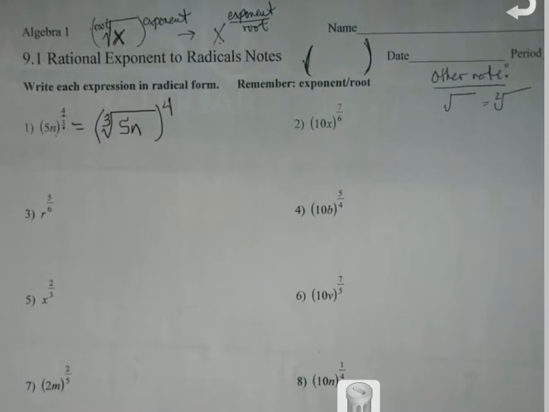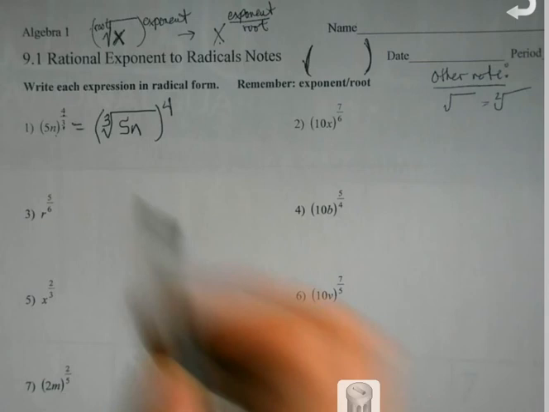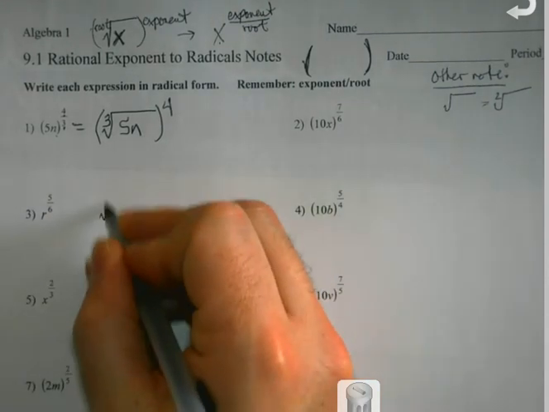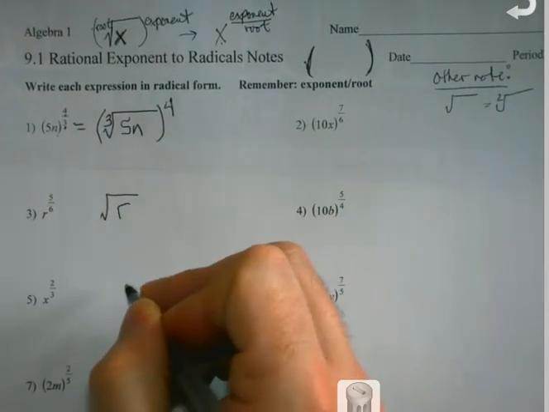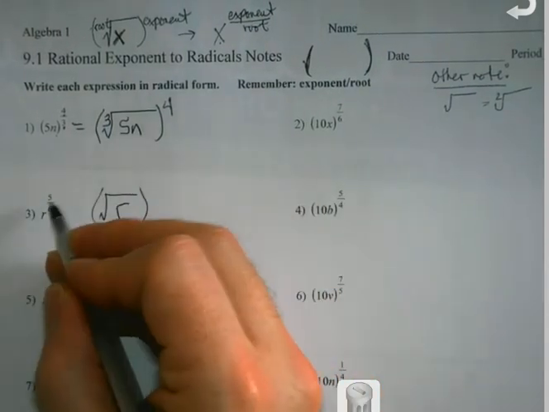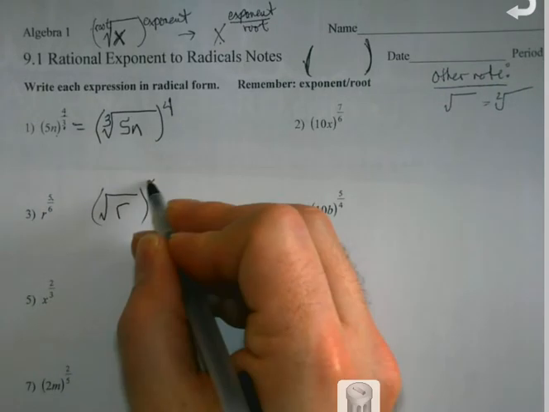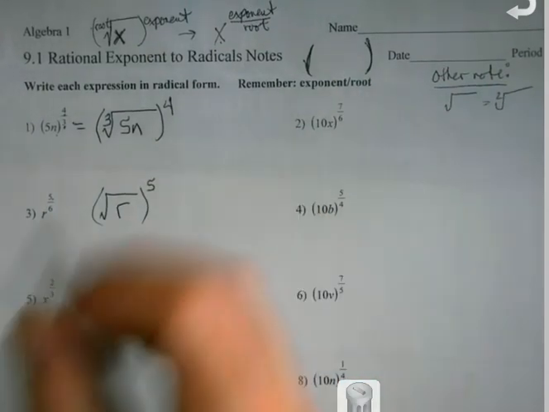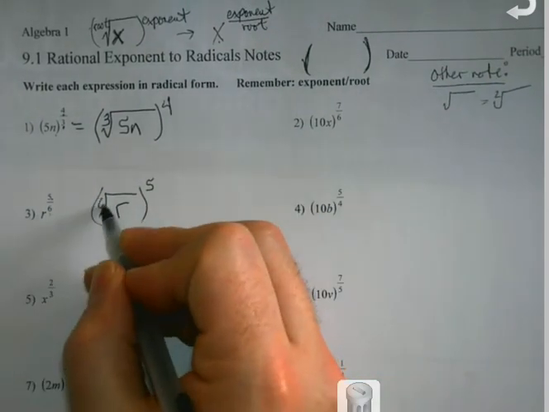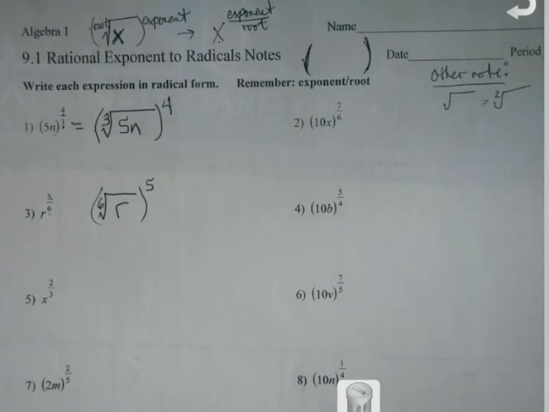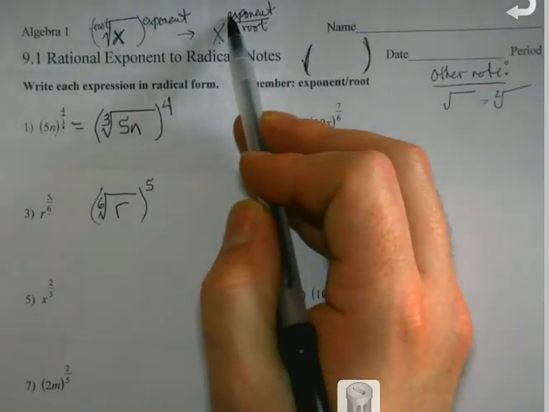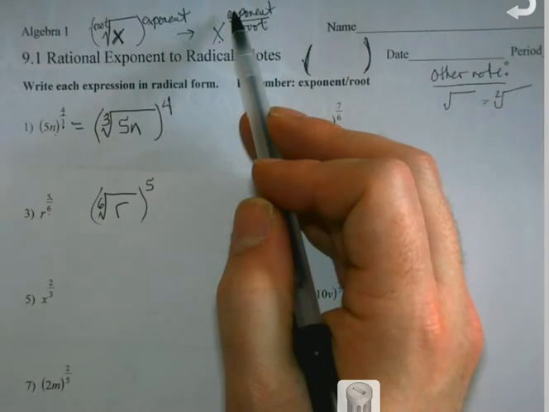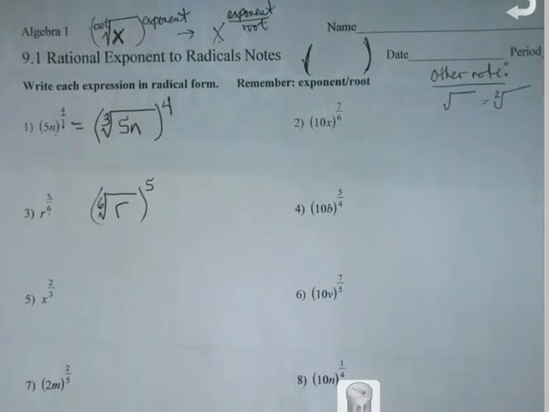And that's the same whether I'm doing it with something like this or if it's just R. Same thing. Exponent's on top, goes outside. Root's there, goes inside. And if you tend to get mixed up with that ever, the way I remember it is, exponent comes before root in the alphabet, so whatever comes first is my exponent, my root comes second.